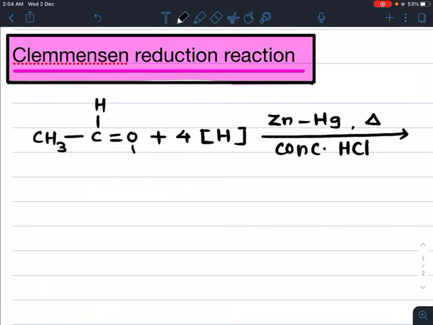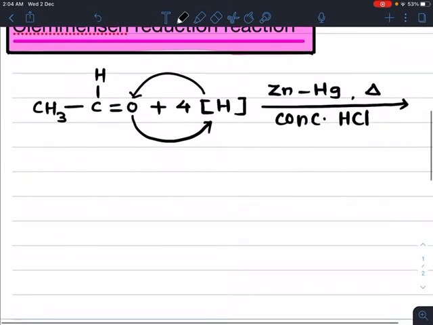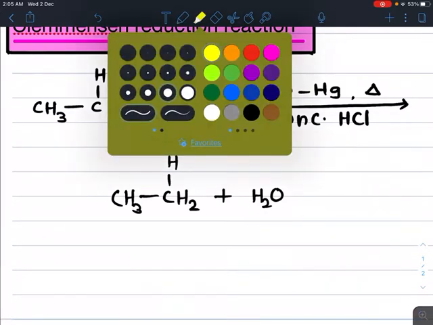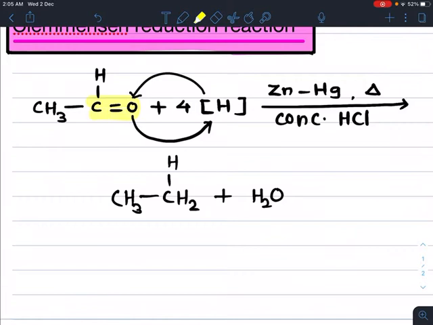We get the removal of oxygen and addition of 2 hydrogens at the place of oxygen, giving the corresponding CH3 CH2 plus H2O. So finally the CO group is converted into CH2 group.